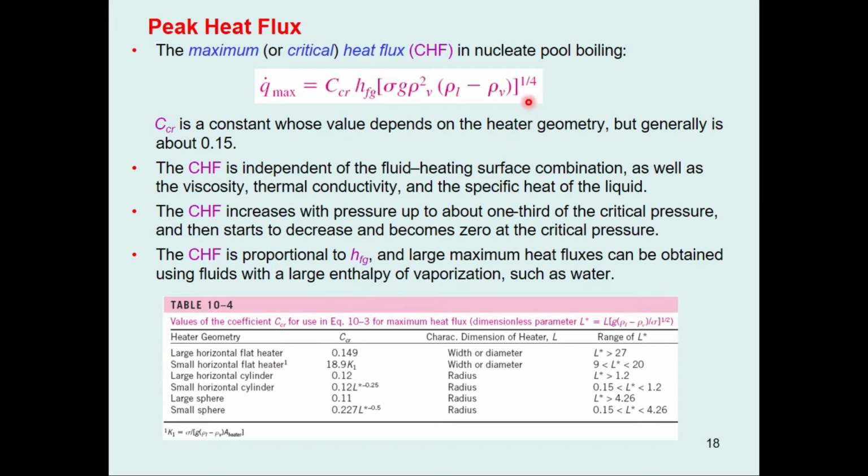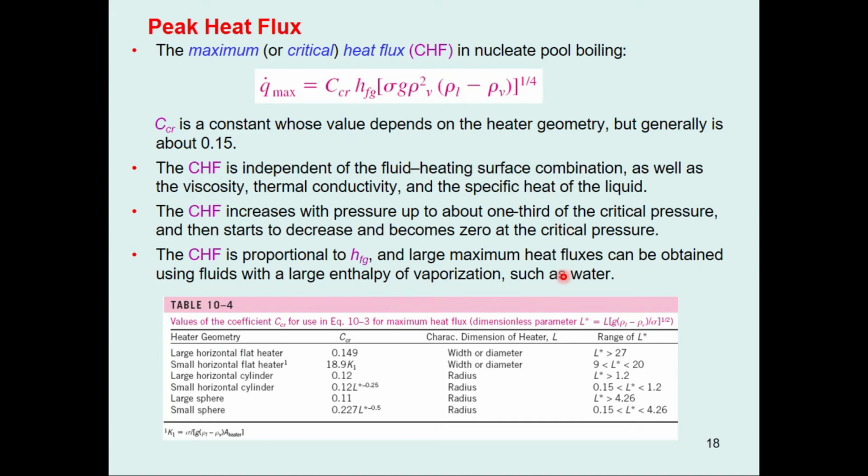There are a few important things that you need to keep in mind. The critical heat flux is independent of the fluid-heating surface combination, as well as the viscosity, thermal conductivity and specific heat of the liquid. But keep in mind that the critical heat flux increases with pressure up to one third of the critical pressure, right?